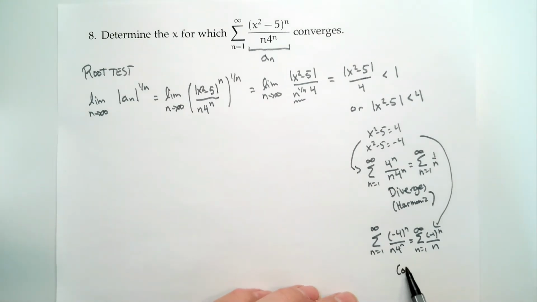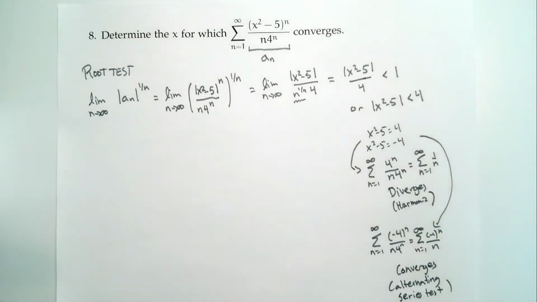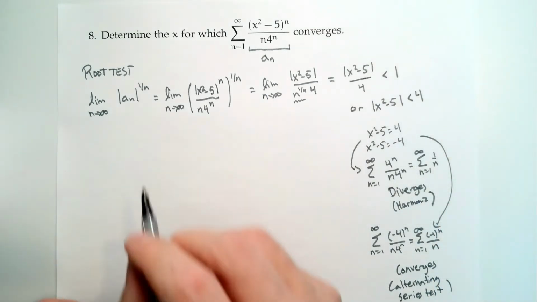Well, it converges. Why? Alternating series test, because of that plus-minus 1 behavior up in the exponent, and also the terms go to 0. So that says it will converge when x squared minus 5 is equal to negative 4 and diverge when x squared minus 5 equals 4.